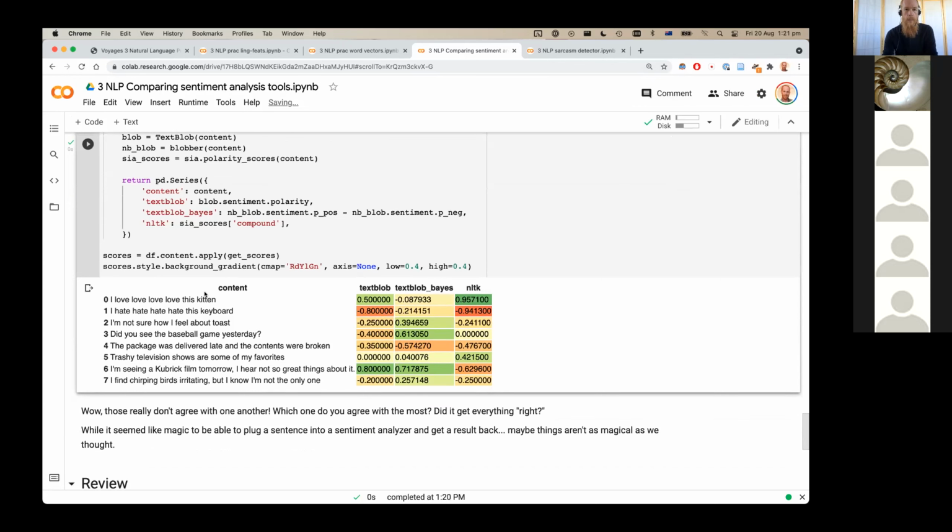So it is valuable to see that different sentiment analyzers can have very different understandings of the sentence. NLTK has evidently picked up on the repetition of the word love, and it probably also thinks the word kitten is kind of cute, so the positivity value of the word kitten might be quite high.